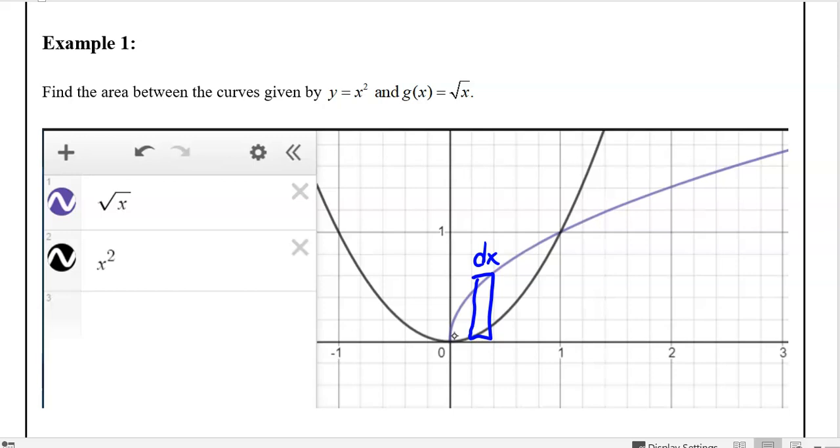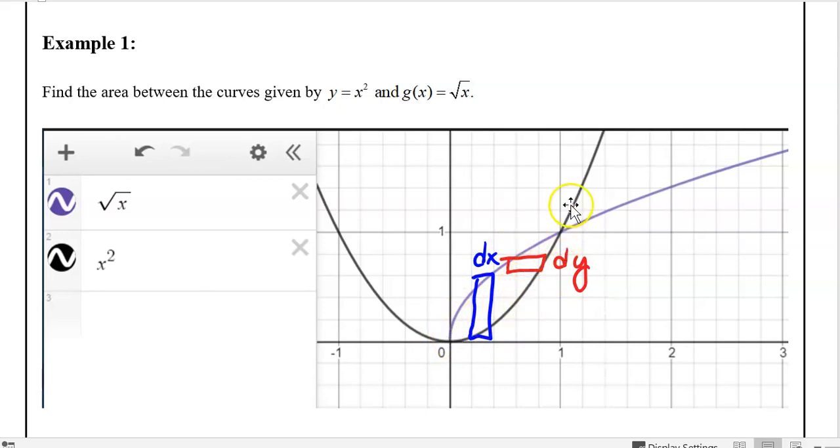On the other hand, if I choose instead to integrate with respect to y, then my rectangles should be drawn in a horizontal manner. This means that the short end, which represents the differential, would become dy. In this case, we need to look to see which curve is furthest to the right, since we will subtract from it the curve that is furthest to the left.